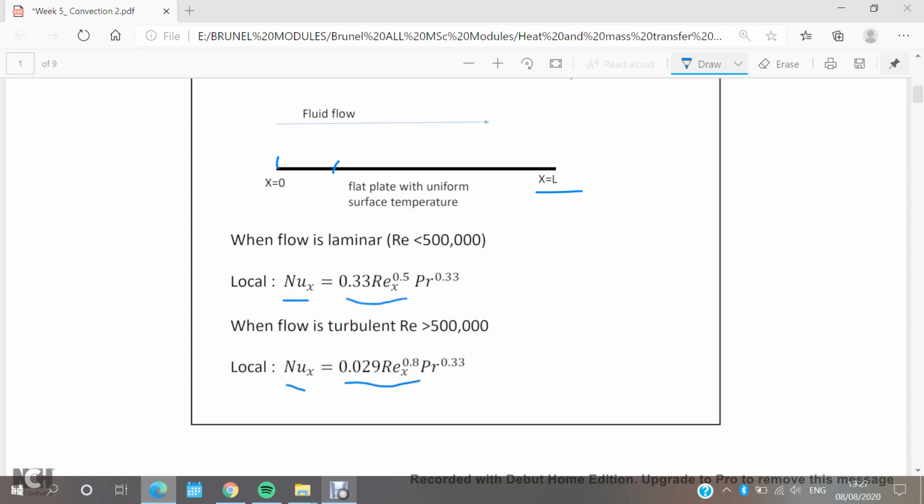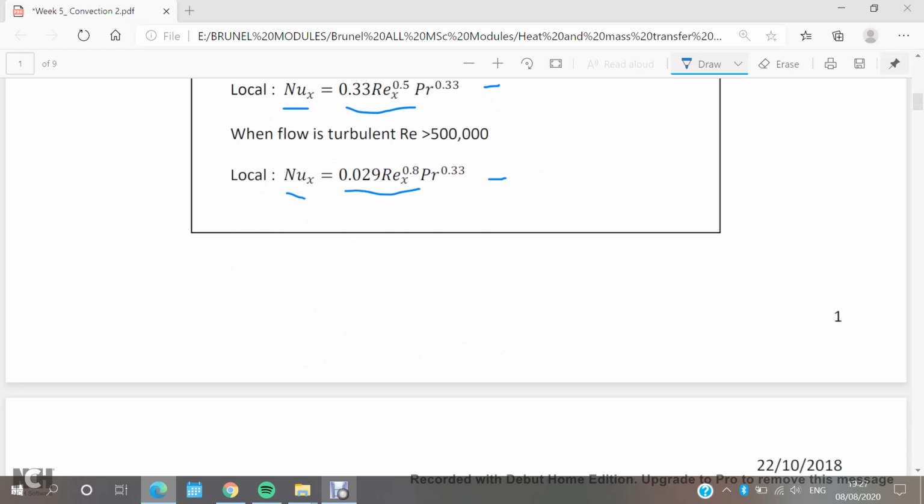In the case of laminar flow, which is defined as a Reynolds number less than 500,000, the local Nusselt number is given by this equation, and in the case of turbulent flow it is given by this equation. Please remember that the Reynolds number is calculated with respect to the length of this horizontal plate.